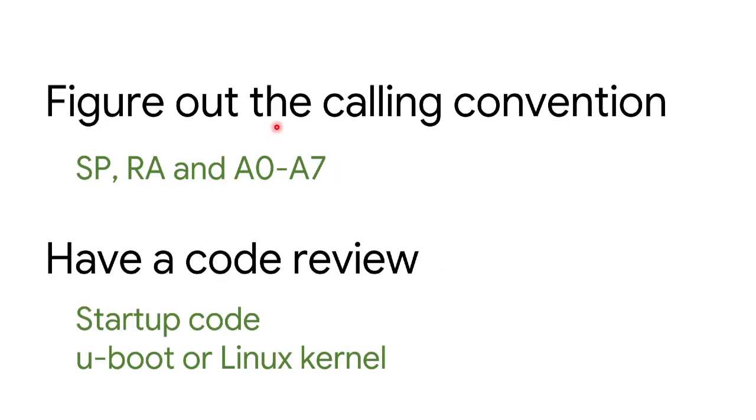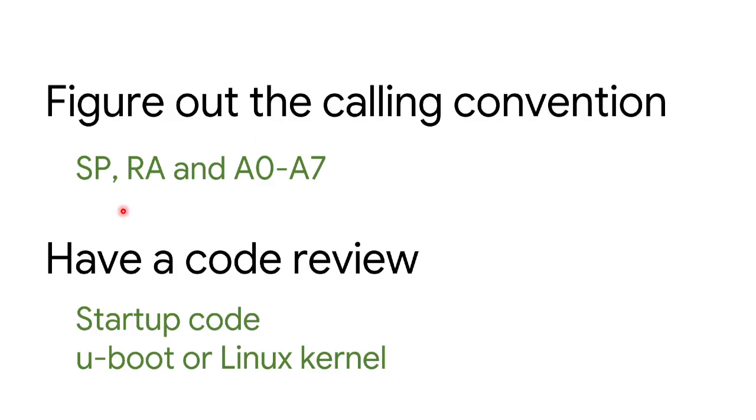During debugging, if you understand the calling convention, I'm sure that you will better understand the register because some of the general purpose registers could be used for special purpose. That special purpose is to support the function call.